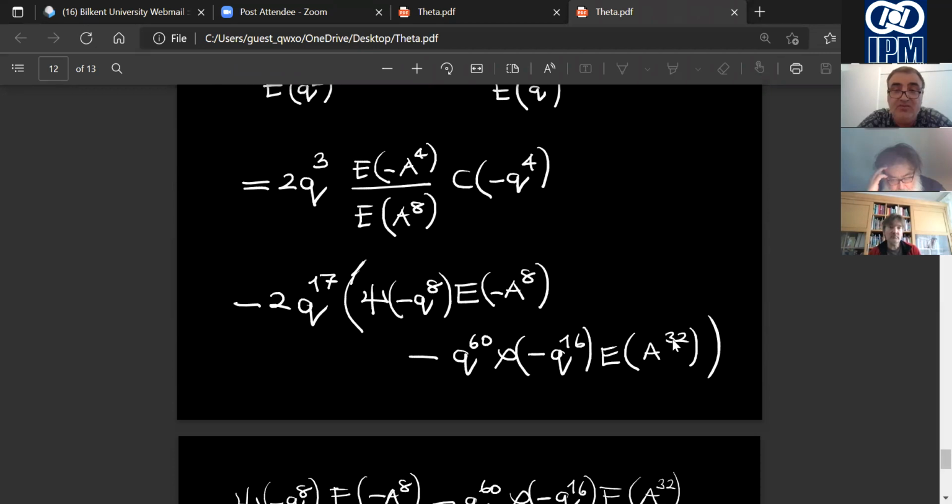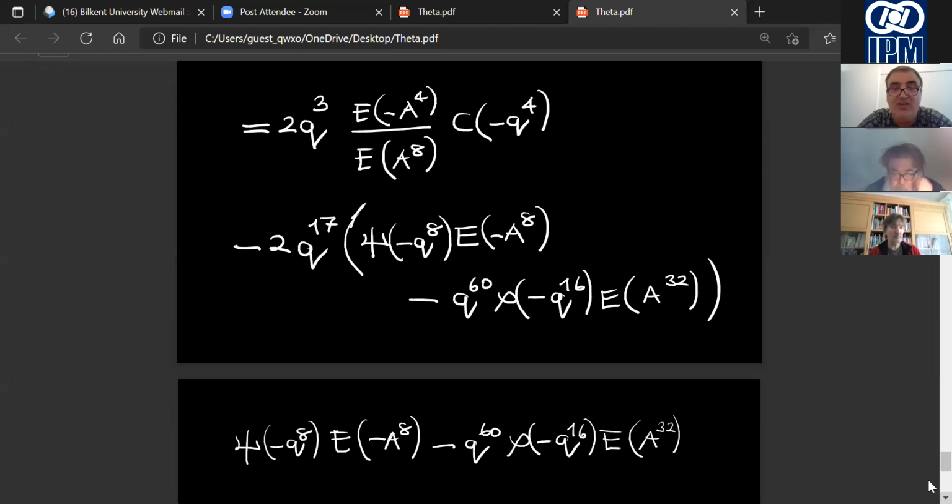So you have, this is 61 multiplied by 32, minus q to the 8 here, 61 times 8 here. When you try to write these in terms of arguments q or q squared, you have these nested squares.